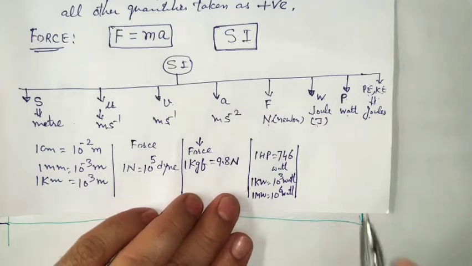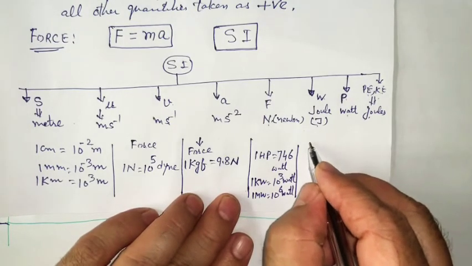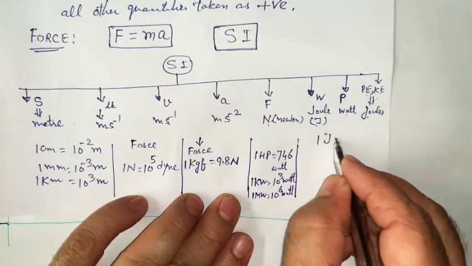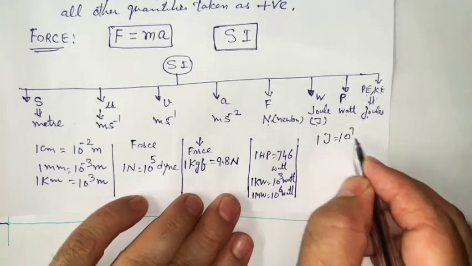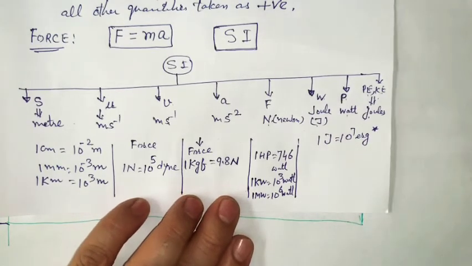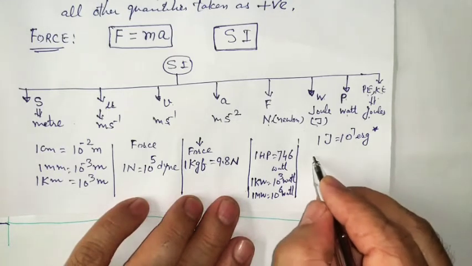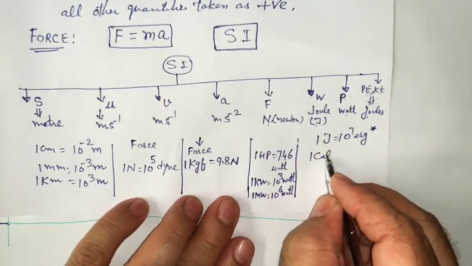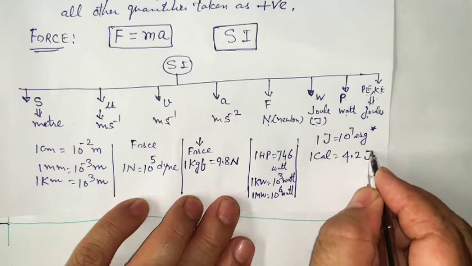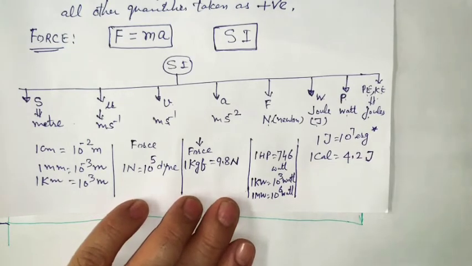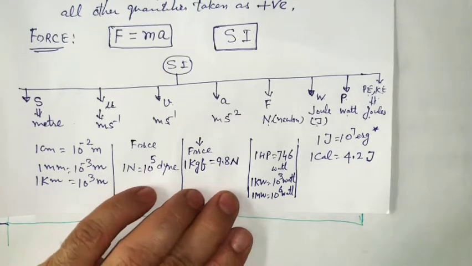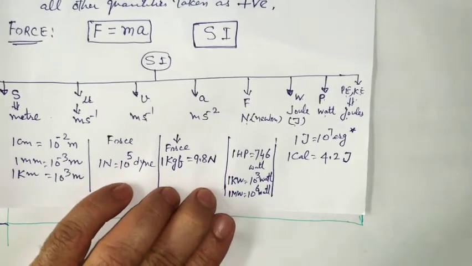Then you have energies, like 1 joule is equal to 10 power 7 erg. This is the method how to convert the erg into joules. The second one is calorie. 1 calorie is nearly 4.2 joules. How to convert the calorie into joules? 1 calorie is equal to 4.2 joules.